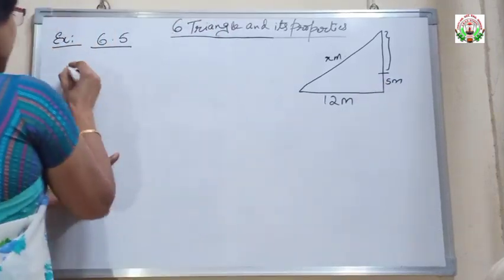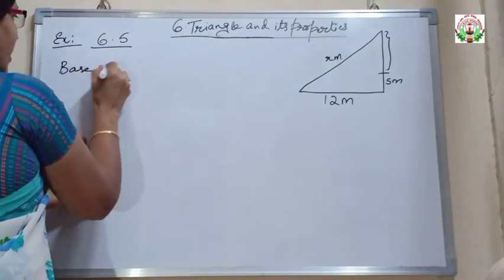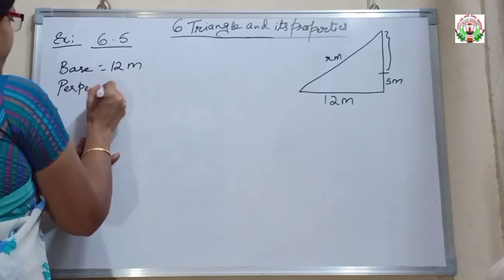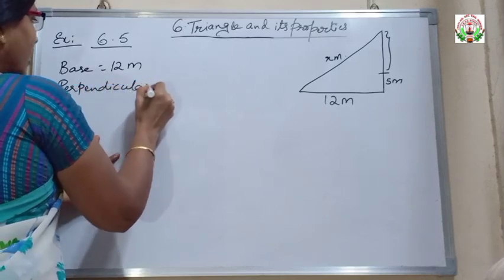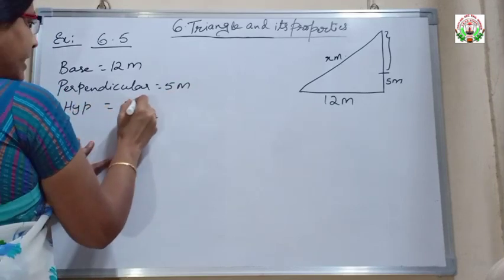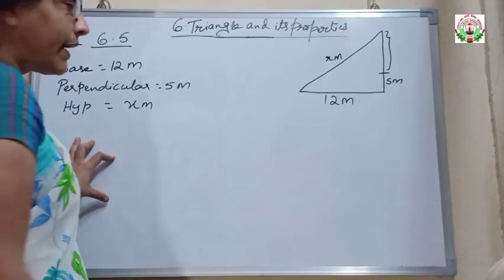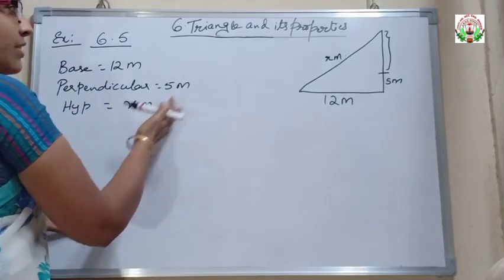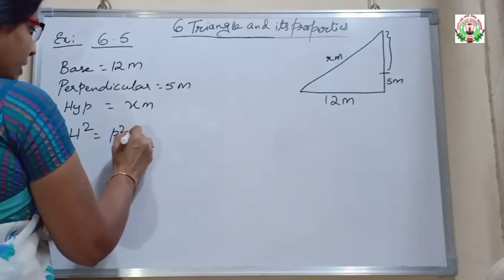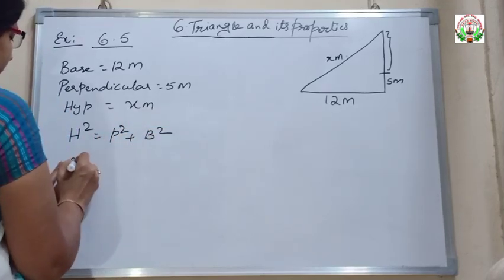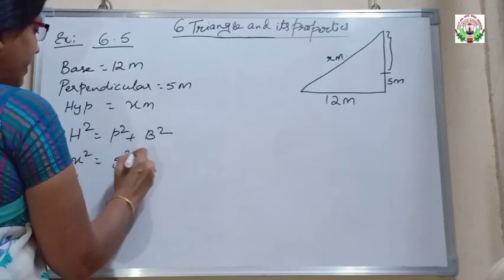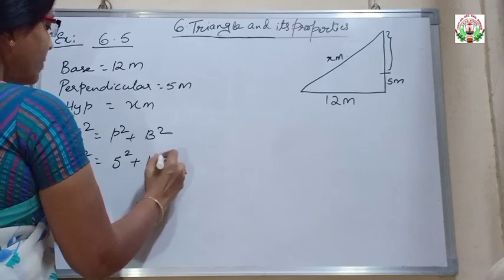So here base is equal to 12 meters, perpendicular is equal to 5 meters, and hypotenuse I have given as x meters because we have to find this. So using our Pythagoras theorem, hypotenuse square is equal to perpendicular square plus base square. So x square is equal to 5 square plus 12 square.